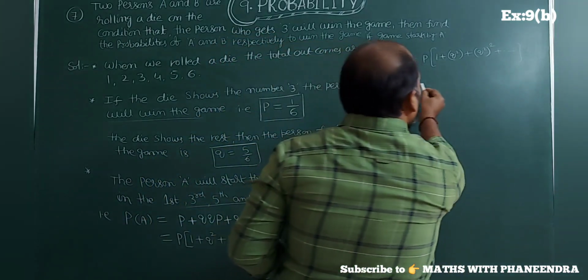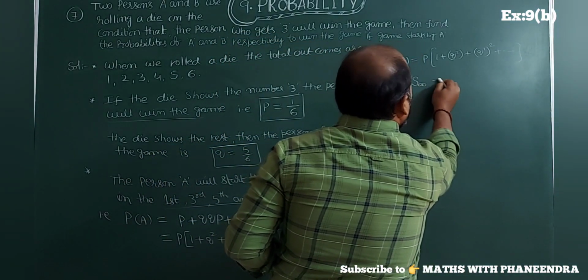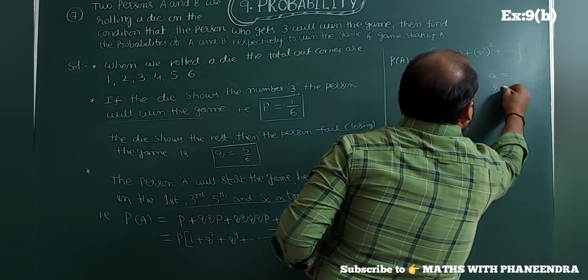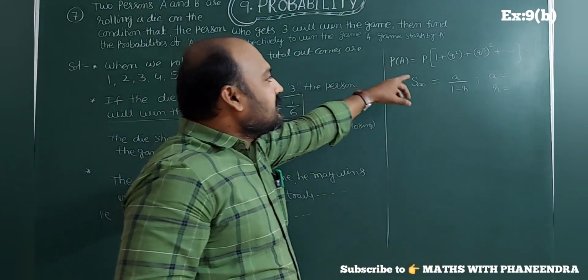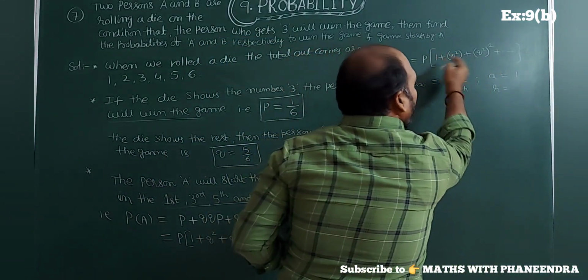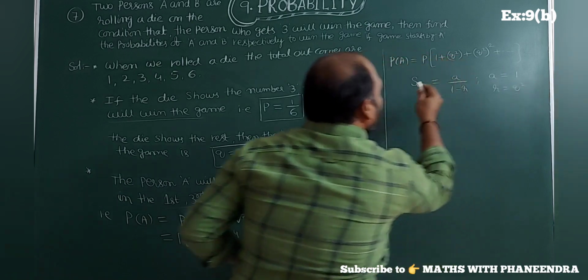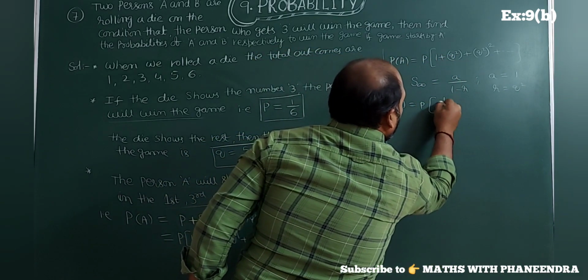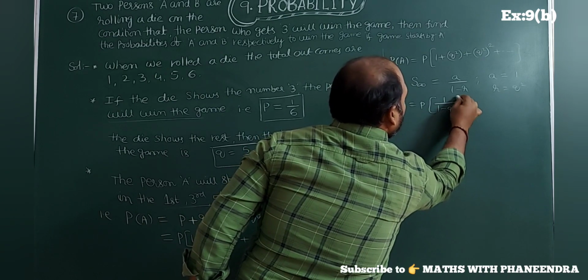So the sum to infinity formula we have: S infinity is equal to A by 1 minus R, where A is the first term, R is the common ratio. What is A in this series? 1. A is equal to 1. Common ratio is T2 by T1, Q square. So P of A is equal to P into 1 by 1 minus Q square.